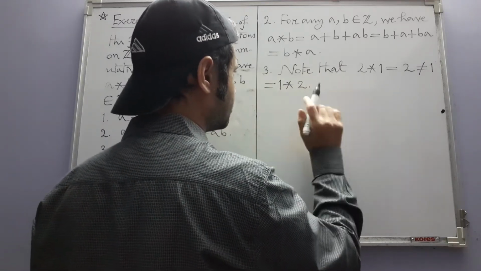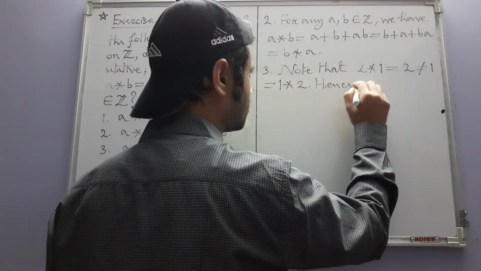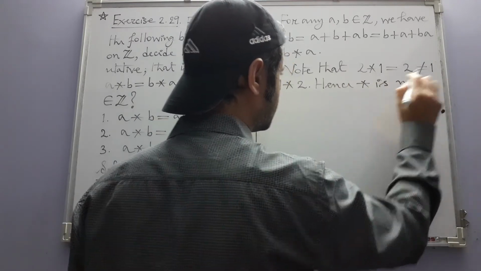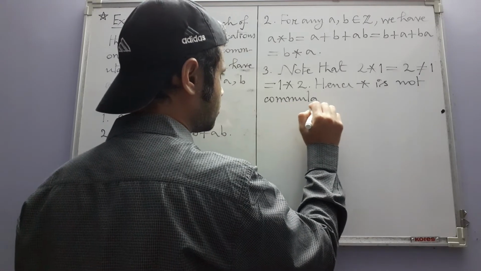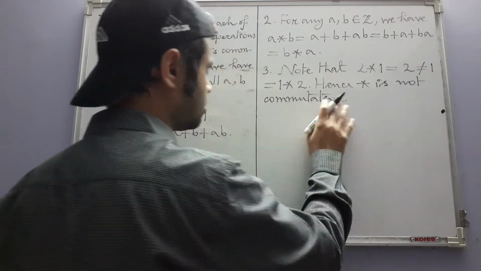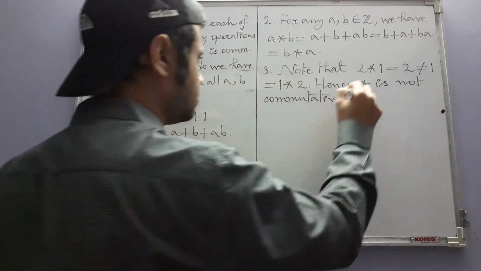Let's just write for this one, hence this is not commutative. We should also write similar things in the other two parts, that they are commutative.